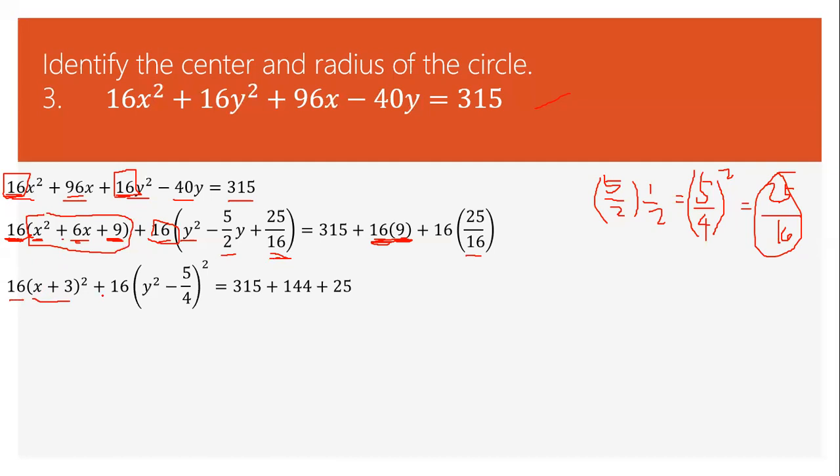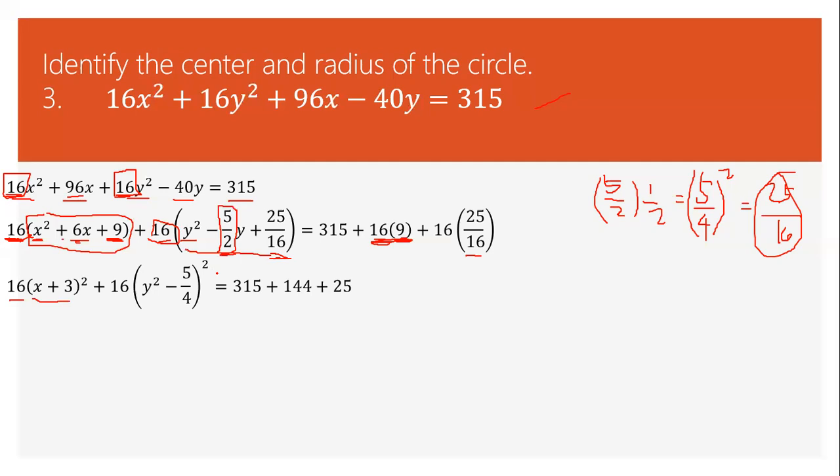Plus 16 times, the y group is y squared minus 5/2 y plus 25/16. This is the sum of a perfect square. Take half of the coefficient of y to determine the factor of a perfect square.